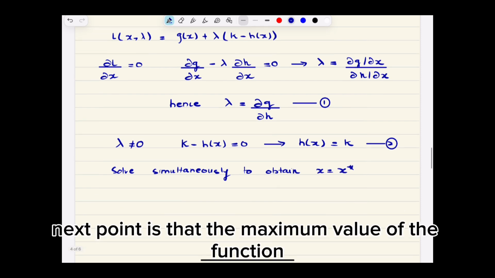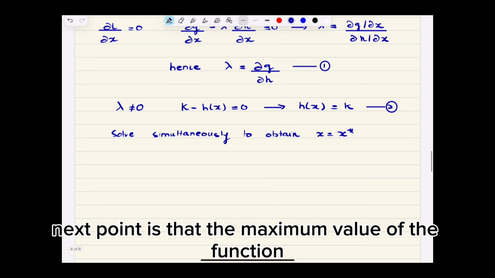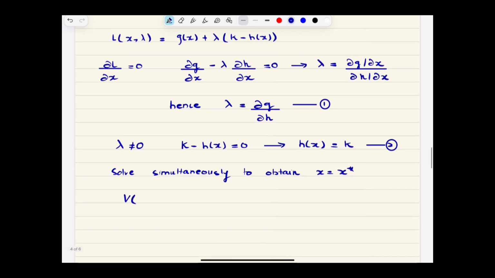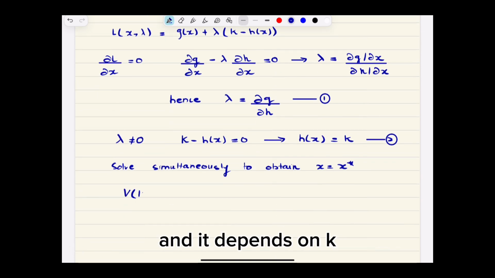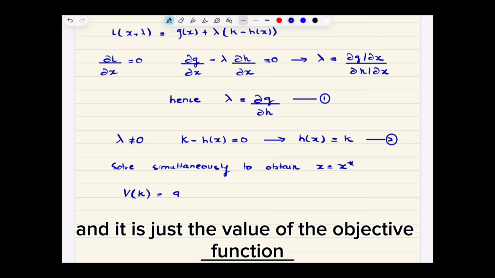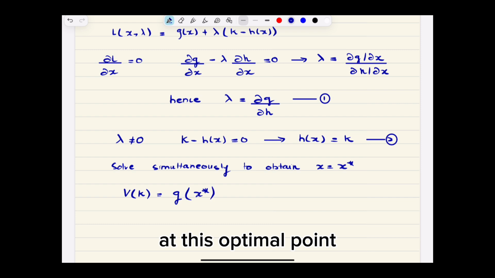Next point is that the maximum value of the objective function is called v, and it depends on k, and it is just the value of the objective function at this optimal point.